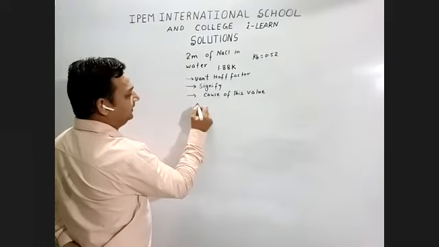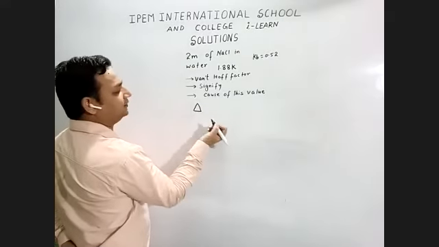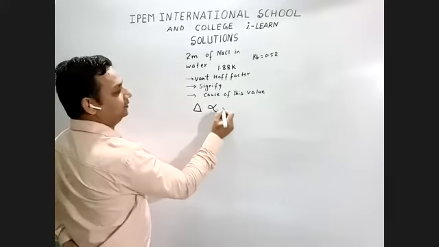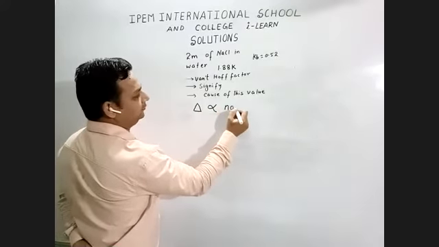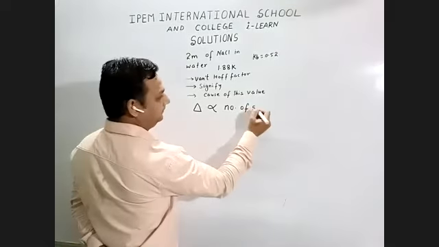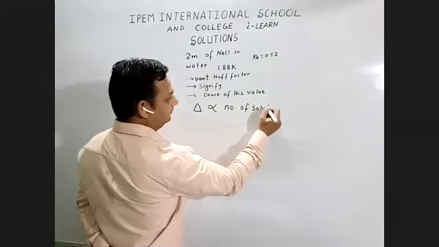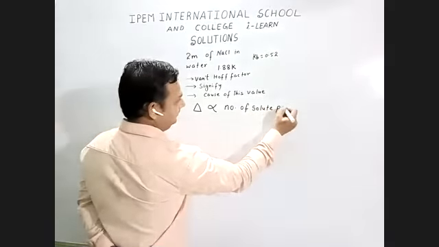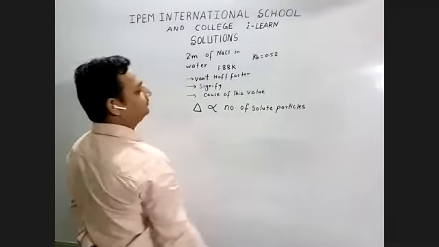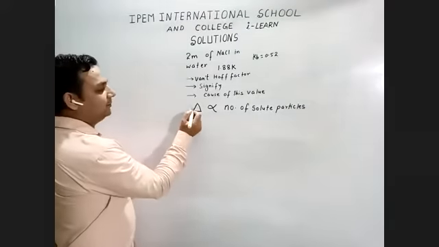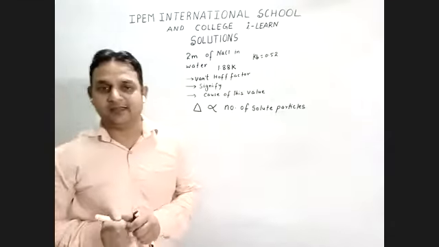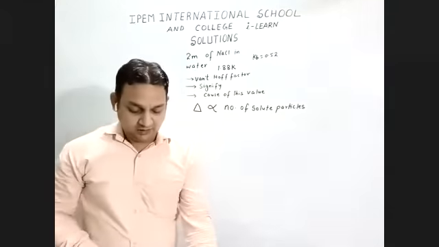So I'm representing here delta, which represents colligative property, which is directly proportional to the number of solute particles. This we have proved so many times.